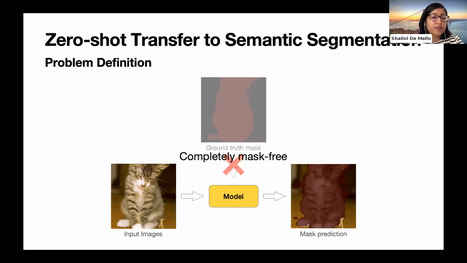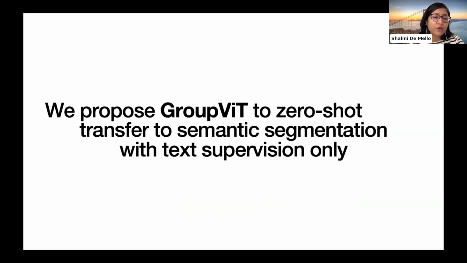And then at inference time, we're able to take any given image and generate its segmentation masks with the trained model. So in order to perform this task, we propose a specific architecture, which we call GroupViT. In the GroupViT architecture, we were able to introduce specific modules by which semantic segmentation emerged simply with text supervision alone.